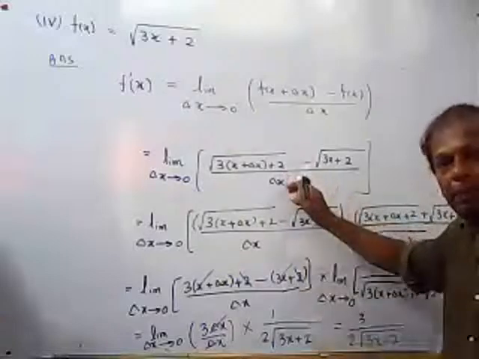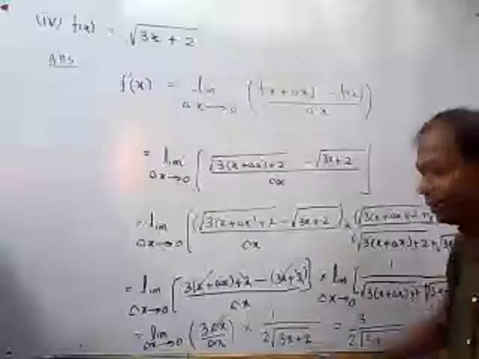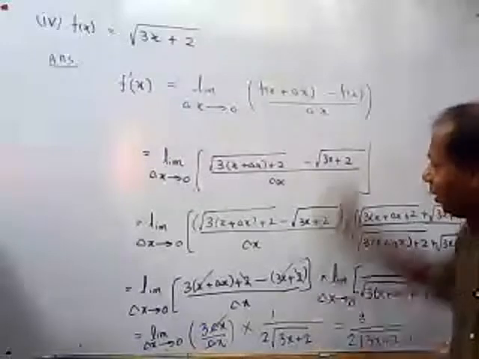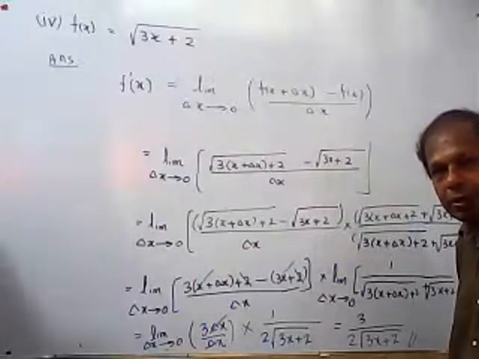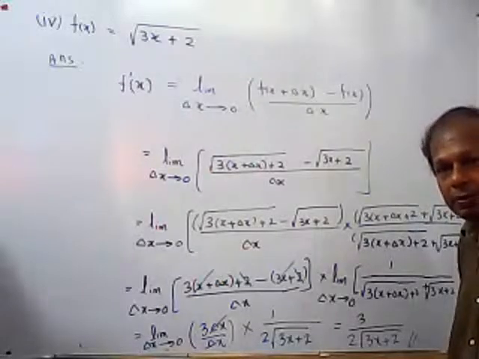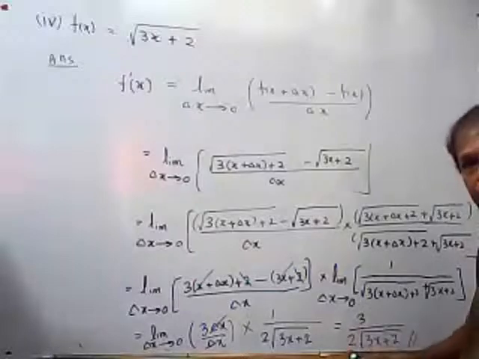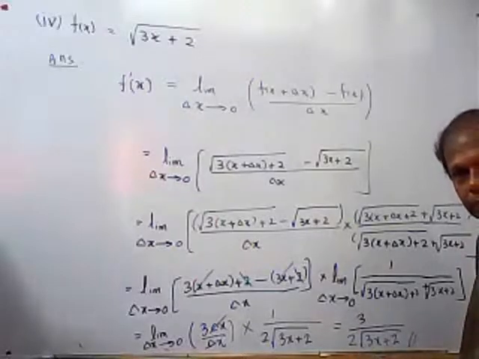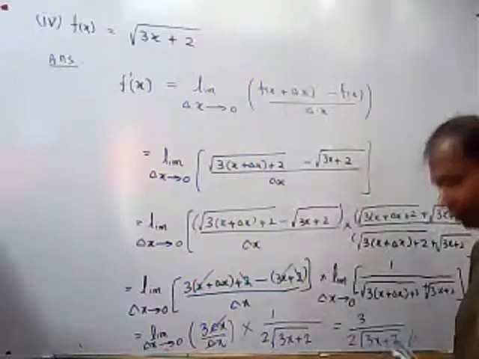Okay, you see the techniques that we practiced in limits, right? They are applicable and you will need them to deal with these questions, these proofs of derivatives. Finally, the answer is 3 over 2 root of 3x plus 2. That's the derivative. Then I can write the fifth one.